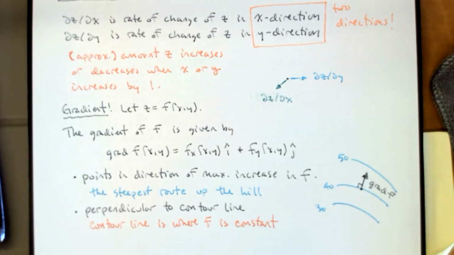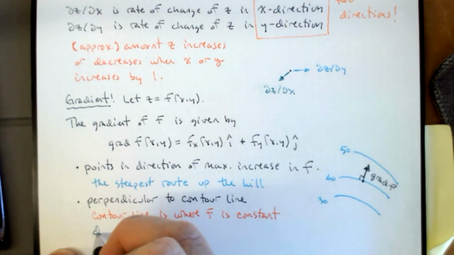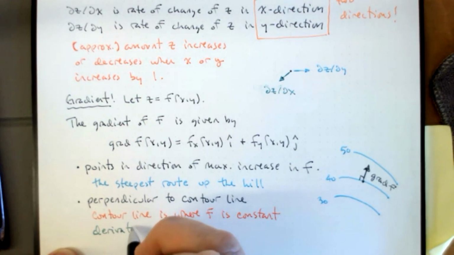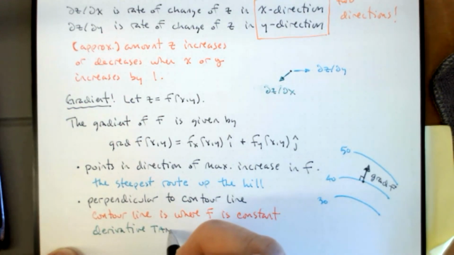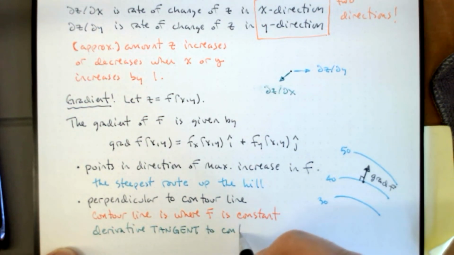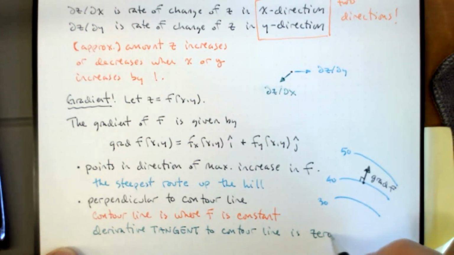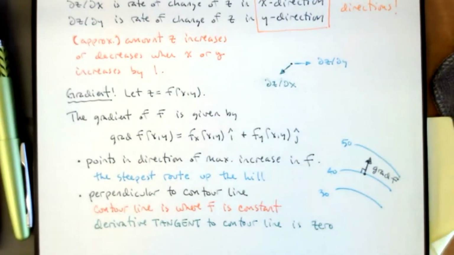So if we travel tangent to the contour line, the derivative will be 0. The derivative tangent to the contour line is 0. The derivative perpendicular to the contour line is maximum increase.